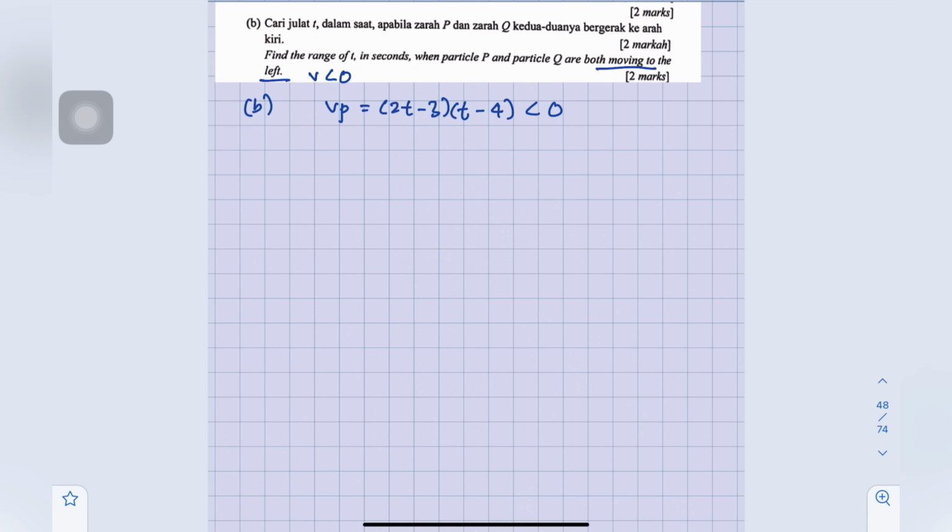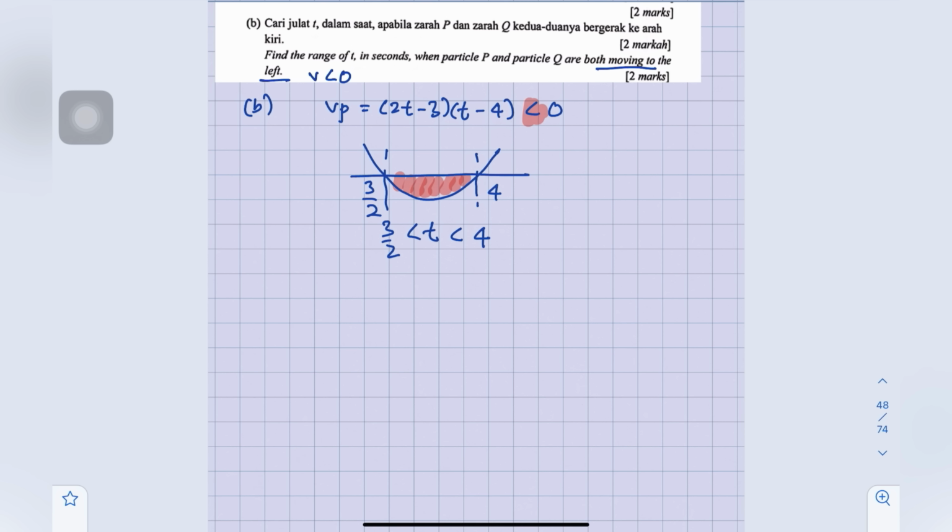So then we can draw the range of values. We got here 4, 3 over 2. So less than right here. So meaning that t is more than 3 over 2, less than 4. This is for particle P.